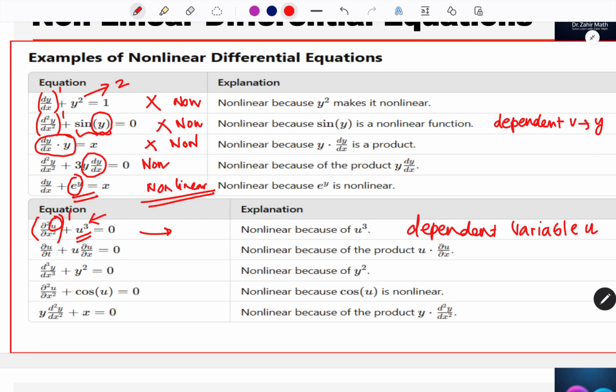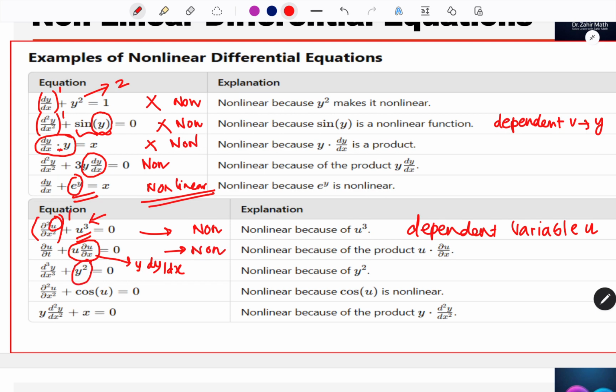So imagine this is like a y. Okay, right. So this is a non-linear differential equation, right? Yes. And look at this one. This is the dependent variable y multiplied by a derivative. It's something like y times dy by dx. Look at the idea here. Y times dy by dx. So this is going to become a non-linear differential equation.